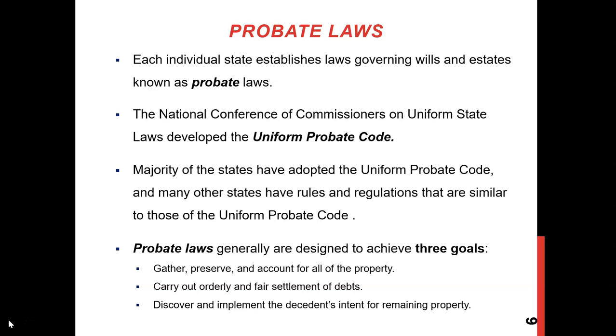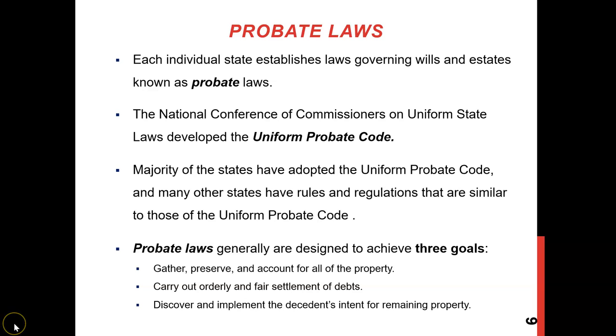There is one institution, the National Conference of Commissioners on Uniform State Laws. That institution developed the Uniform Probate Code. Most of the states adopted the Uniform Probate Code. Some states don't follow the Uniform Probate Code, but they do have their own laws and regulations, which are similar to the Uniform Probate Code.